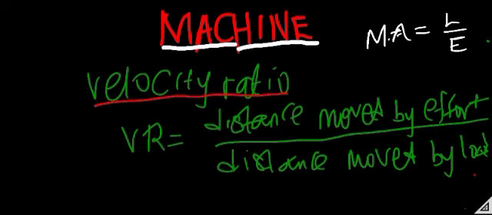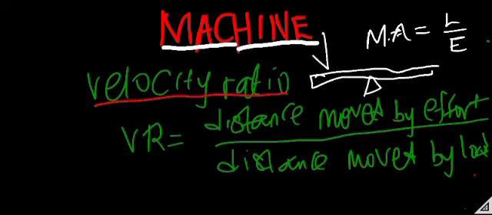Let me use a pictorial explanation. For example, I have a lever here, there's a pivot, and I apply a force here to lift a rock. When I push this rod down, the rock starts going up.